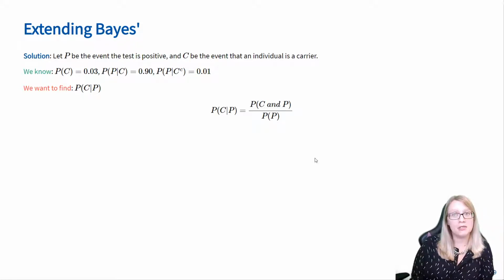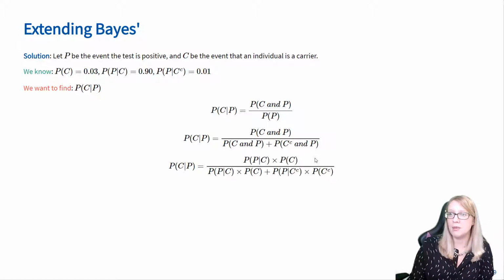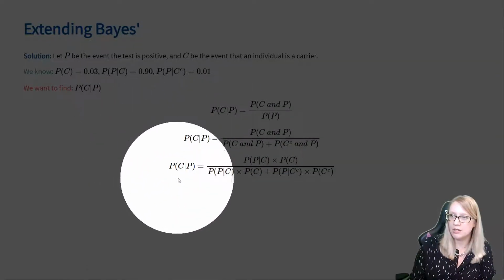Again, we'll start with the Bayes rule definition. Probability of C given P is the probability of C and P divided by probability of P. We'll split that up in the denominator because we don't know the probability of a positive test yet. So we'll write that as the probability of C and P plus C complement and P. We'll then use that rewriting of Bayes' rule that we had done previously and look what that results in.